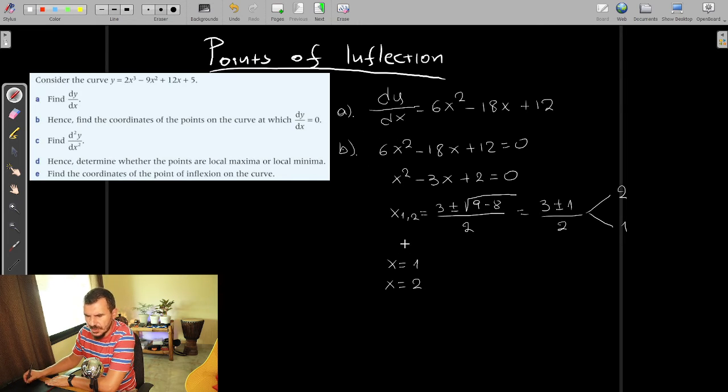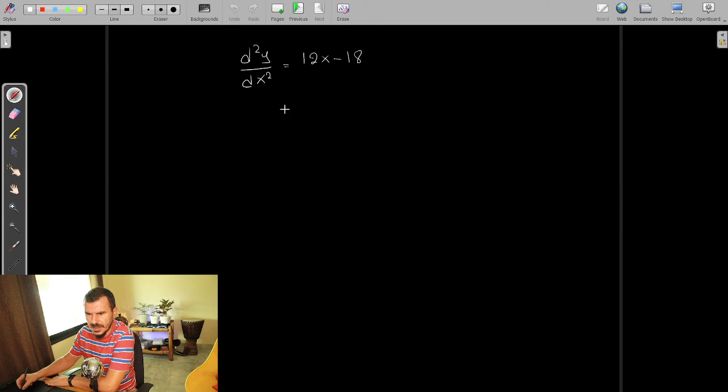Now you see here I found the 2 points. I want now to see which of these points is a maximum or a minimum, or maybe both of them, we don't know. How do I do it? For the first value, x equals 1, I go to my second derivative and put in the value. If it's negative, it's a local maximum.